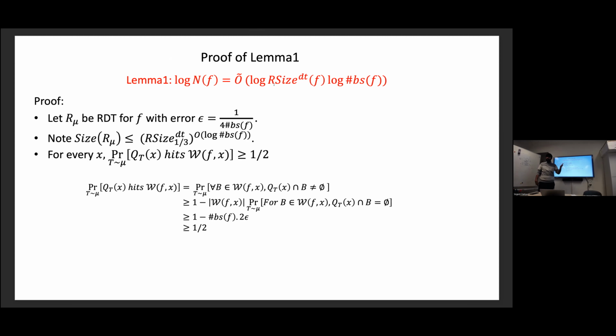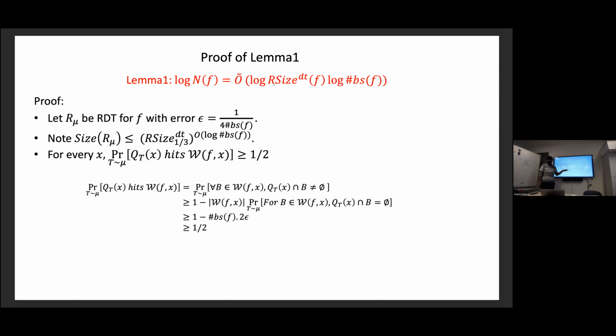So the probability that you miss some sensitive block, you don't hit some sensitive block while doing this evaluation, is at most 2 epsilon times the block number. Since epsilon is like 1/4 the block number, you miss a sensitive block with probability at most 1/2, which tells us that with probability 1/2, you're going to query at least 1 bit from each sensitive block.